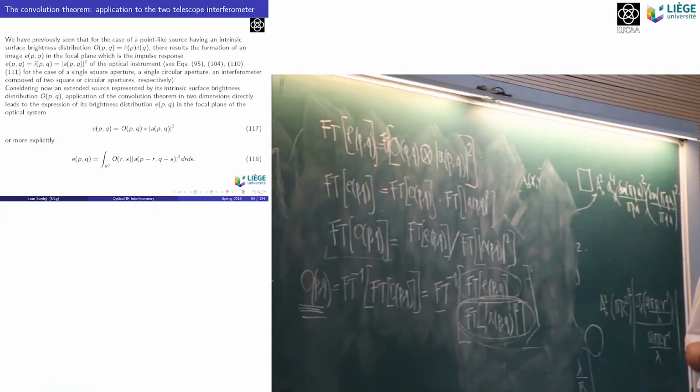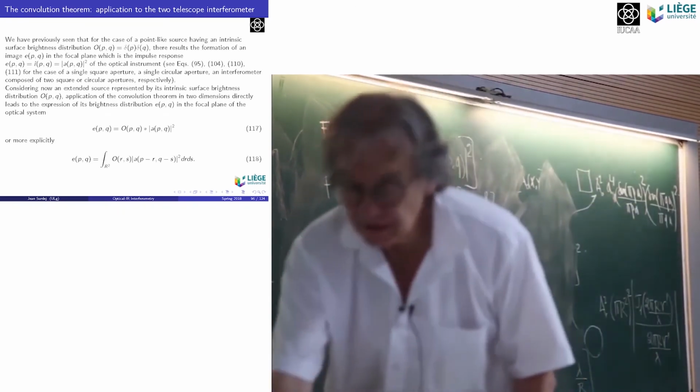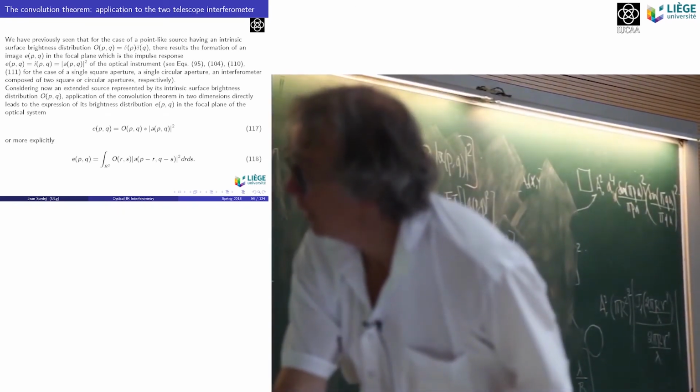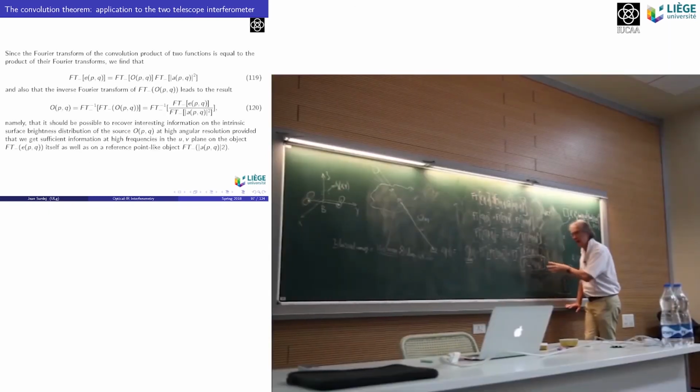There is always a limited range of space frequencies, and therefore there is some limitation to the interpretation of that result. So it looks ideal, but in practice, it's not. It's known as the dirty map.